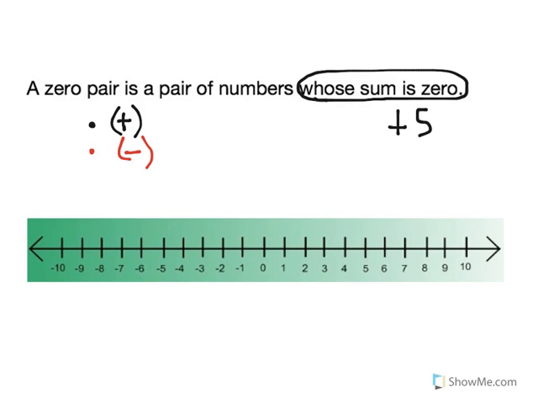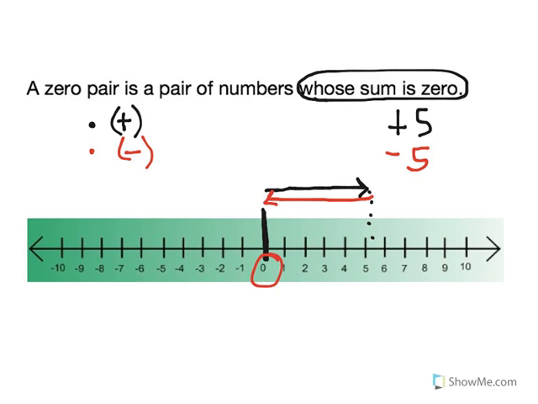Alright, let's say I have positive 5. So remember, we always start at 0. That's our starting point. So if I have positive 5, that means I'm going to move this way. 1, 2, 3, 4, 5. I would stop right here. Now, let's say that I have negative 5. Okay, that means I would go back 5 numbers. 1, 2, 3, 4, 5.